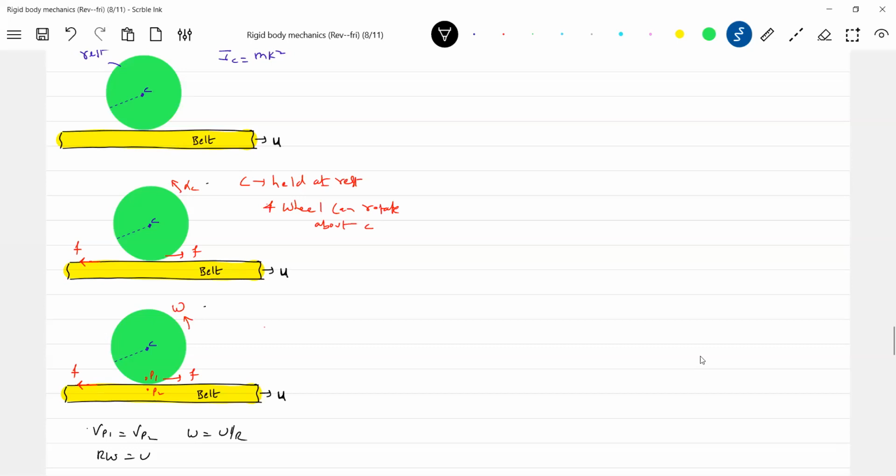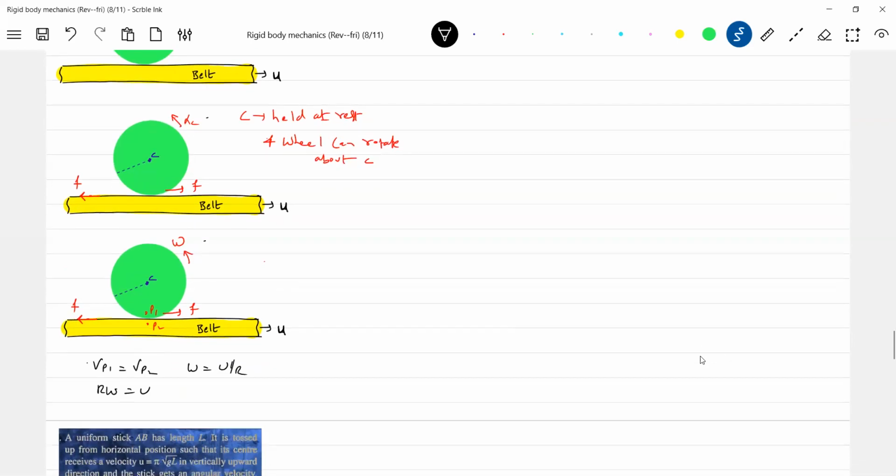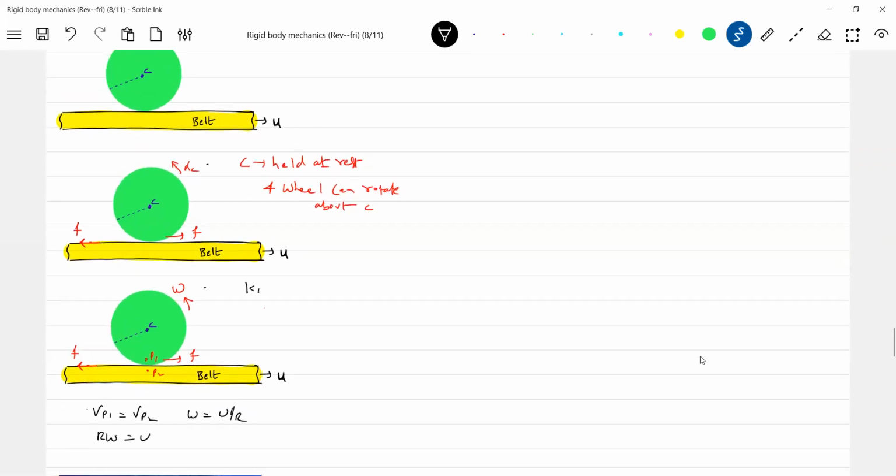Now the kinetic energy of the disk will be half I omega square. Kinetic energy, KE, write it.